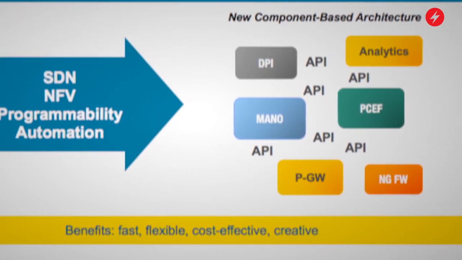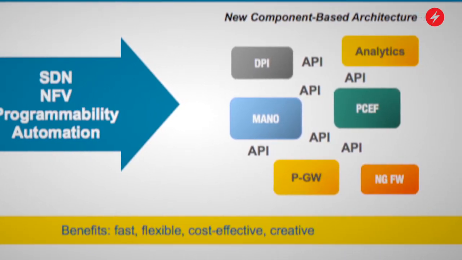Why does NFV make it easy to leverage DPI? I strongly believe that DPI is fundamentally a software technology as opposed to hardware, and NFV is all about software and virtualization. So at a very high level this is tightly related. The second thing is that NFV comes with the concept of components.